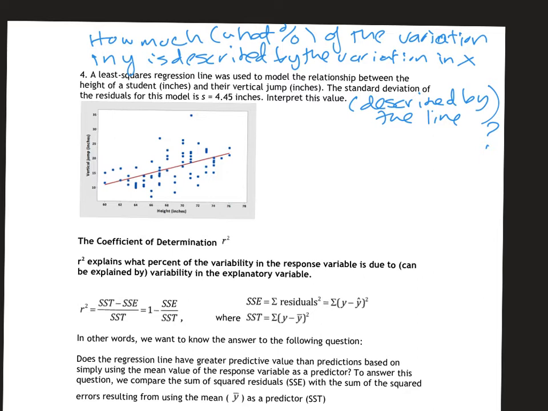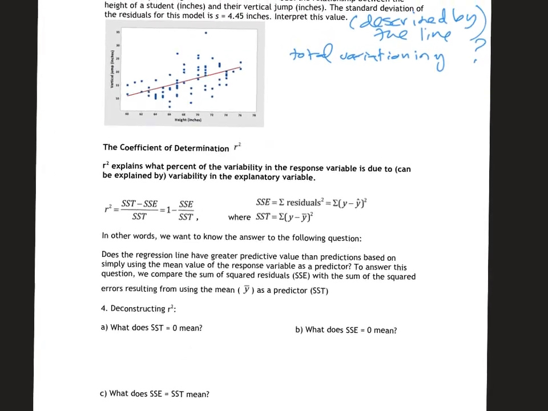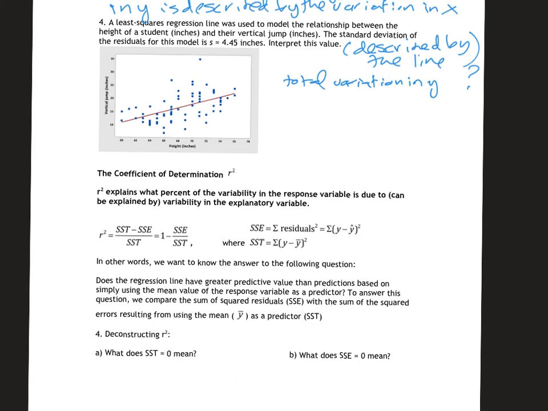So there's two terms we want to define. First of all is the total variation in y. That's thinking about how the different y values differ from the mean. That's going to be our SST, the total variation in y.